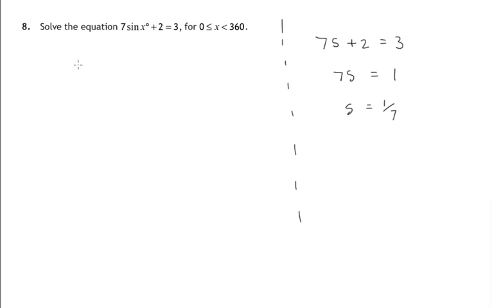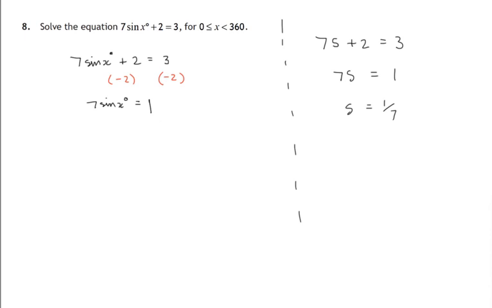But let's go ahead and do precisely what we've just done, but in this equation. So we'll treat it as an algebraic equation first of all, and look at the actions that we would take to both sides. First action would be to get rid of that 2. We do that on both sides so that these two terms will still be equal. Same action, both sides. So we'll be left with 7 sine x equals 3 minus 2 is 1.